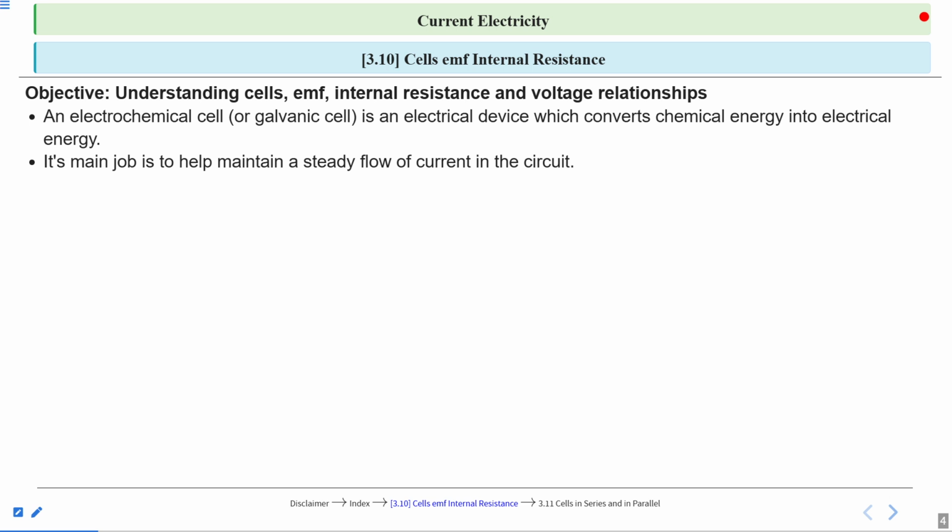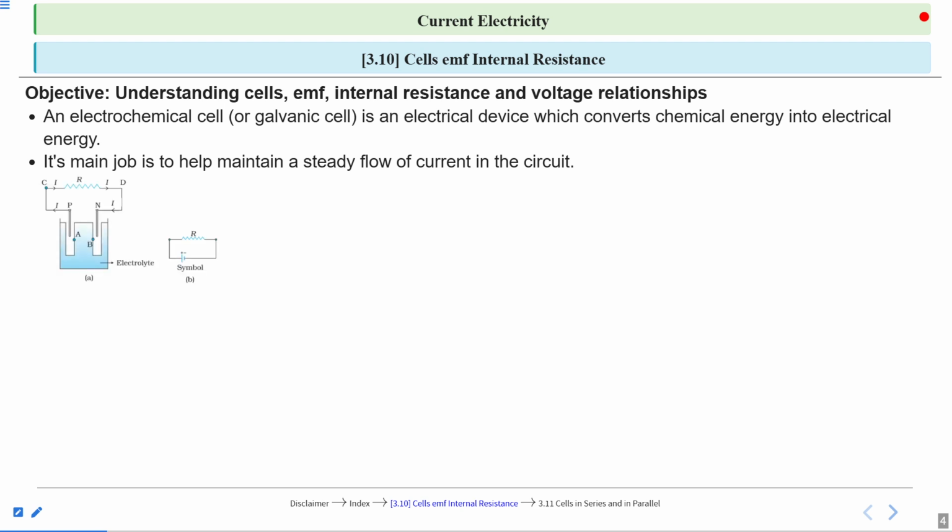Its main job is to help maintain a steady flow of current in the circuit. So we use a battery or a cell to maintain a steady current in the circuit.